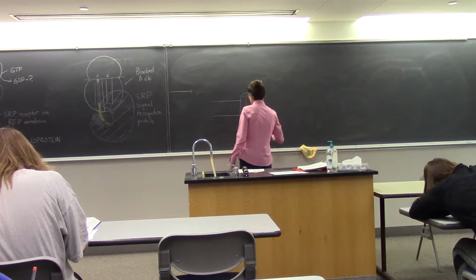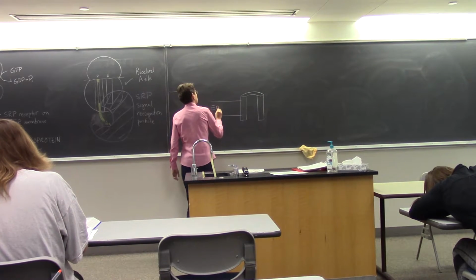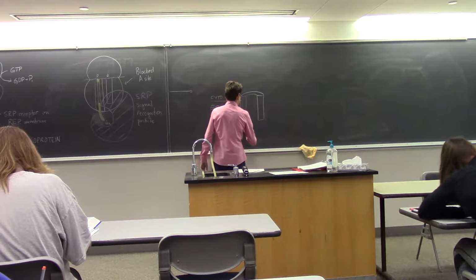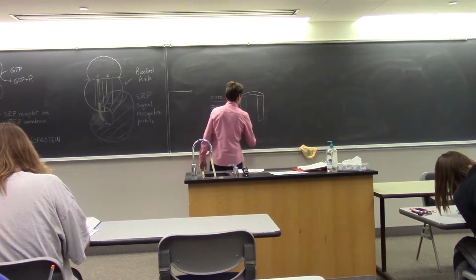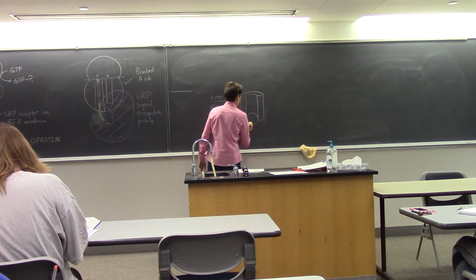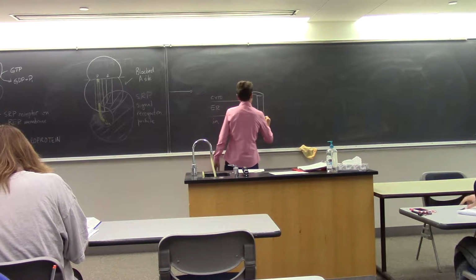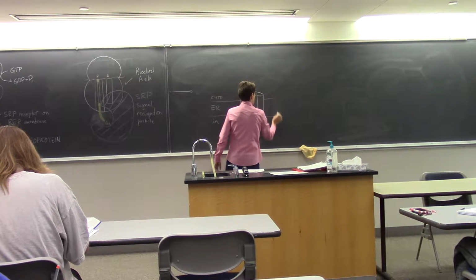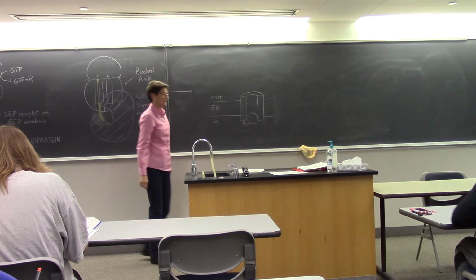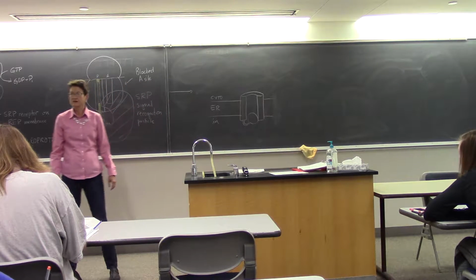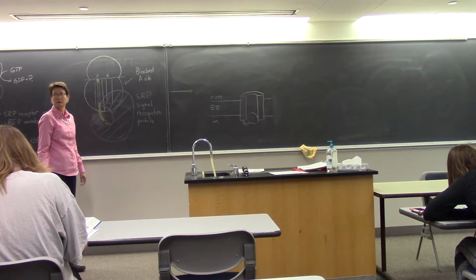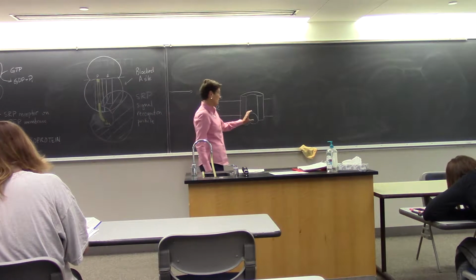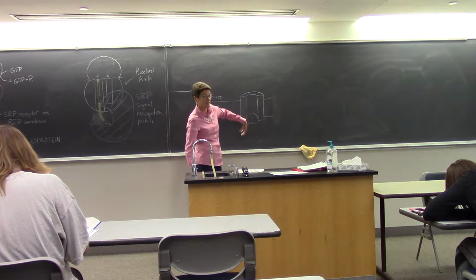On the ER membrane, there is a channel that's plugged. Does that look like a plugged channel? You see that this little ball thing can hinge out and come this way and it can come back that way.